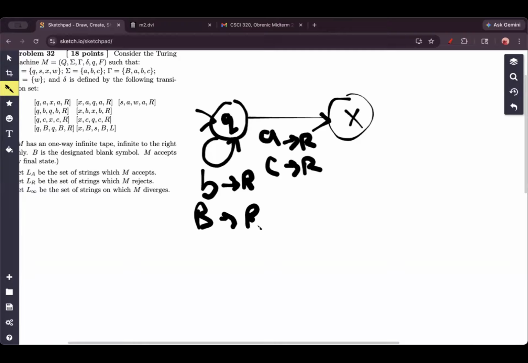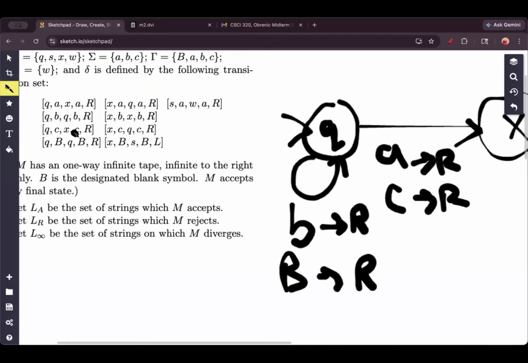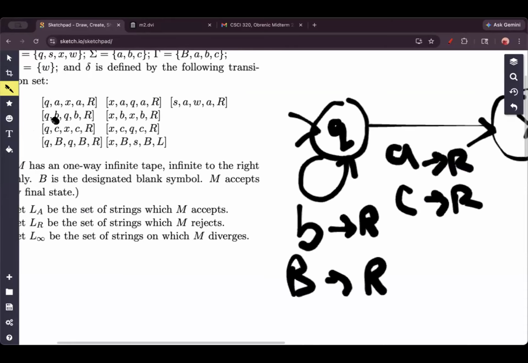Wait, I have a question. How do you know you're supposed to loop back to Q if you see a B? So over here, you see in the instructions, you see a lowercase b, and then you go to state Q back again. So that's a loop. If you're in state Q and you go back to the same state, that's going to be a loop. And then this is what you replace B with. So B doesn't change, but you just loop back.